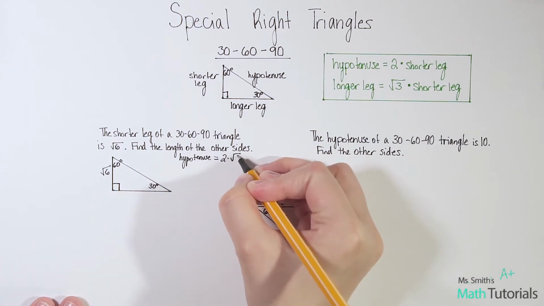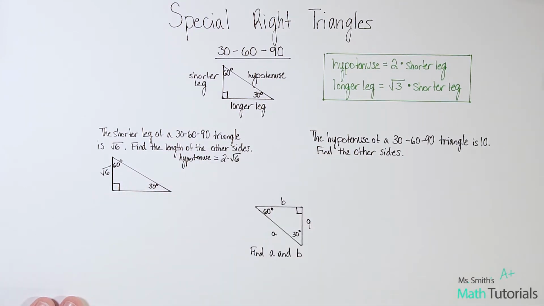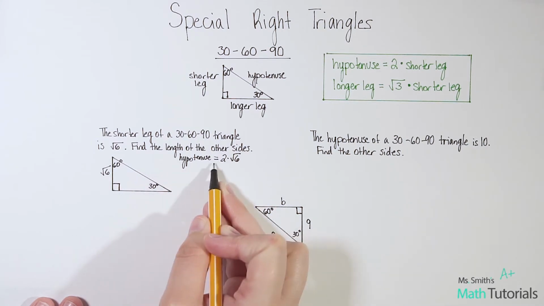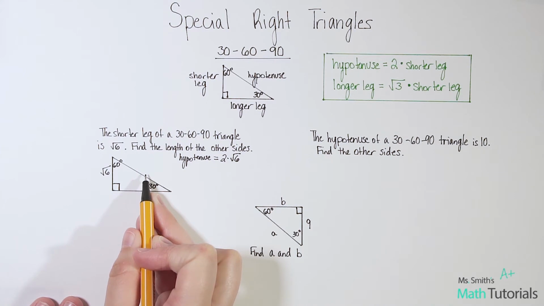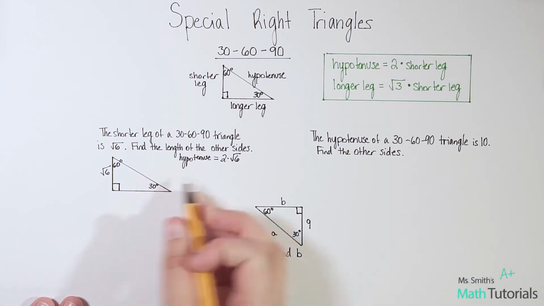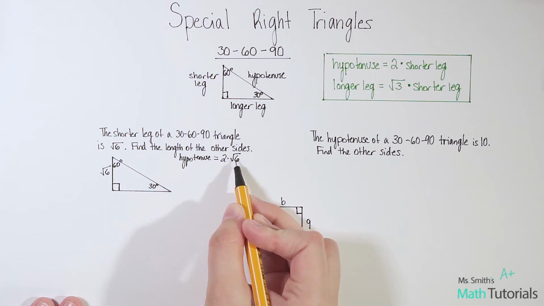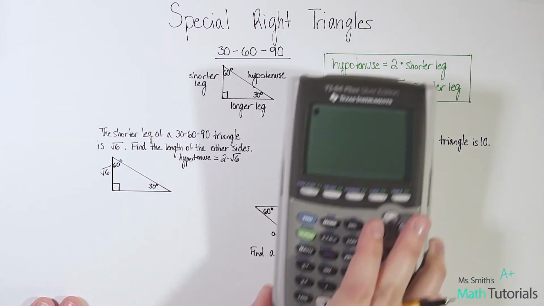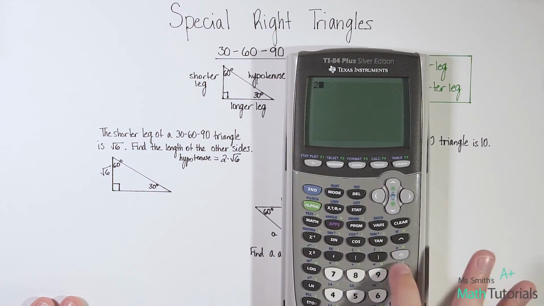So 2 times square root of 6. Okay, so right here is my answer, the hypotenuse, what I'm looking for. Or you could shorten it and write HYP. I see that a lot. The hypotenuse is 2 times the square root of 6. Now, you can put in your calculator, I could go in and I could do 2 times square root of 6, right?